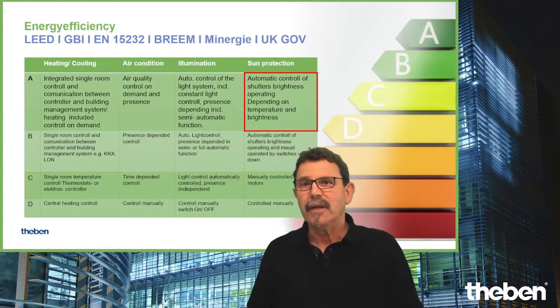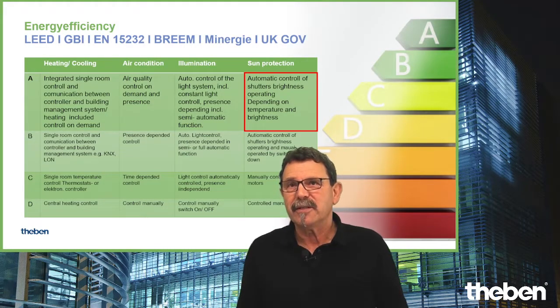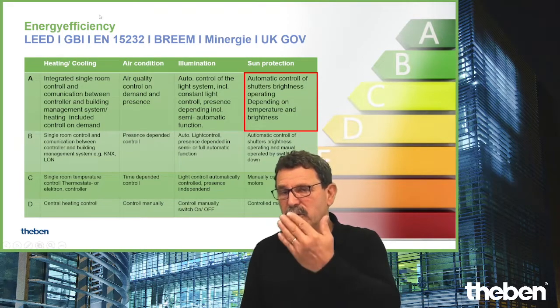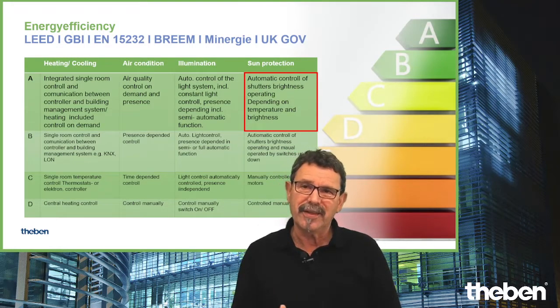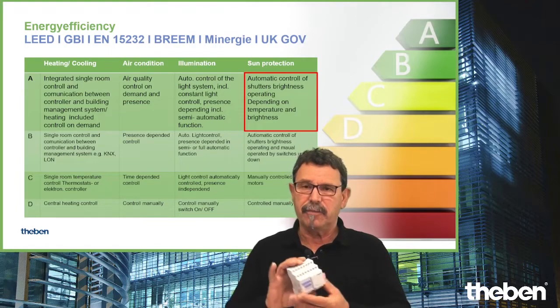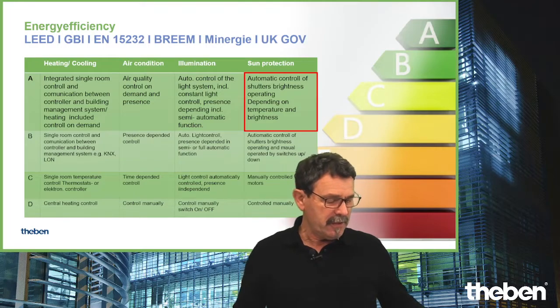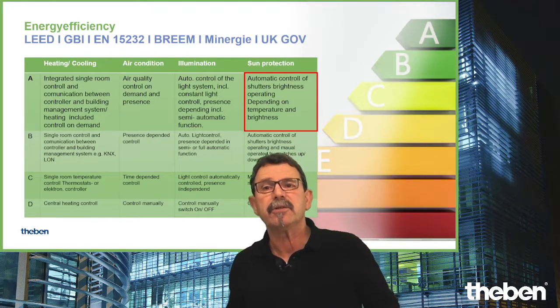So this energy efficiency is depending on brightness. Energy efficiency in terms of sun protection is depending on brightness. And if you have a powerful controller, in this case the shading actuator or the blinds actuator, these blinds actuators from Theben are supporting you with temperature control.